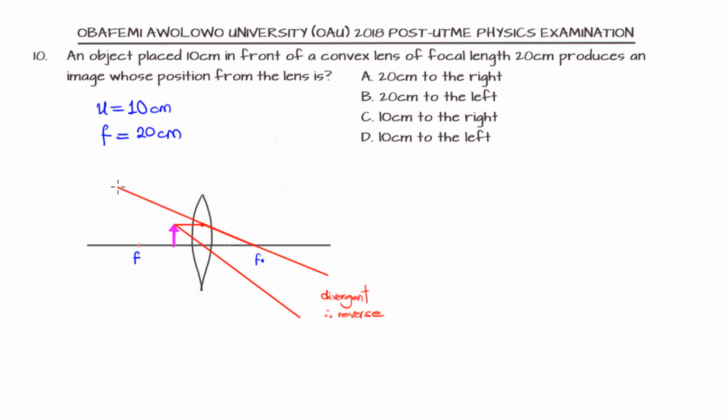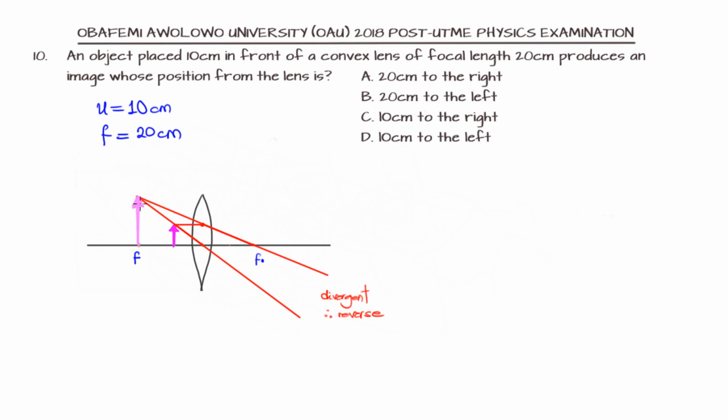Just as shown, I will reverse back, and also reverse back from the center of curvature. The point of intersection will be the point where the image of that object will be formed. Now I can show that on the diagram. So this is going to be the image.